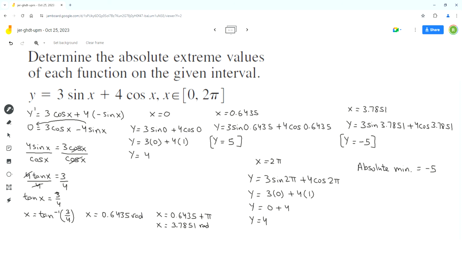So that's our absolute maximum value. So this should be the final answer for this problem. So these are the steps you have to keep in mind to solve a problem like this one.